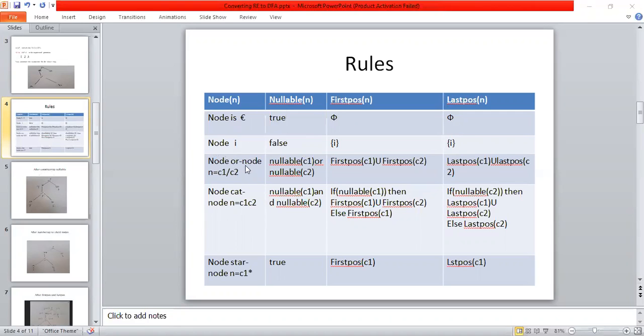If the node is an OR node, meaning it contains a left node and a right node, then the first position is calculated as first position of C1 union first position of C2.